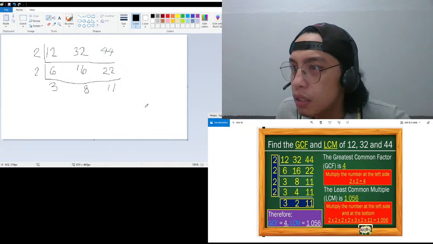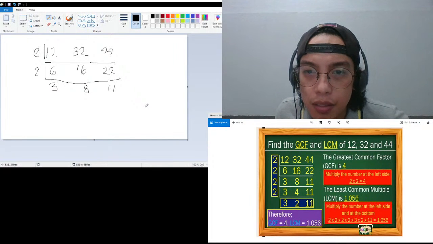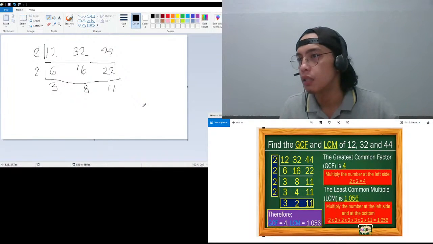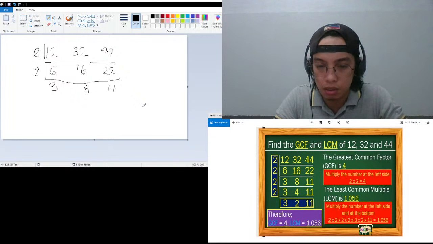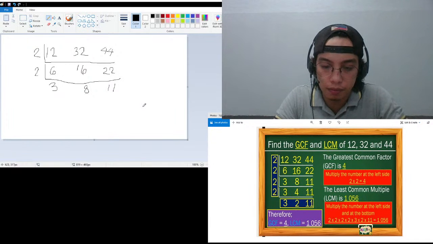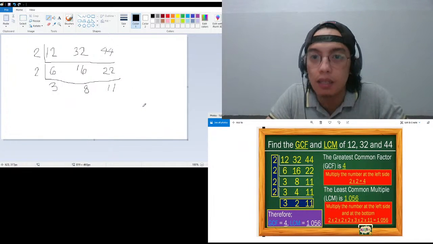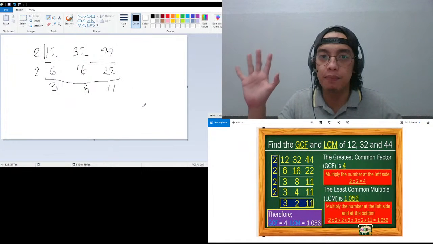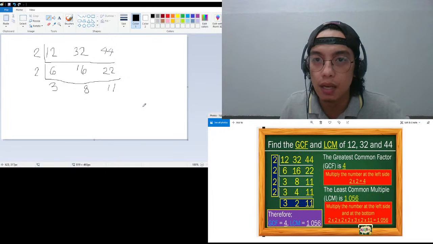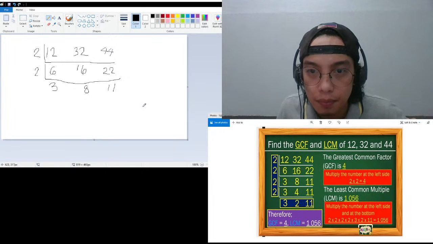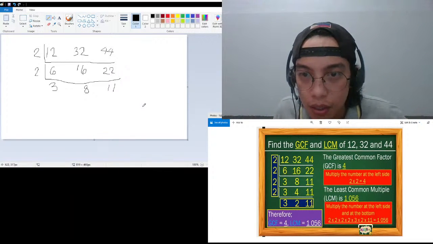I think there's a mistake here. Let's try to find out how 2 times 2 times 3 times 8 times 11. It looks like there's a typographical error in the module, I think so.